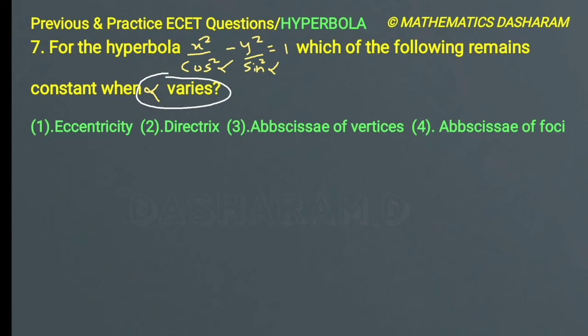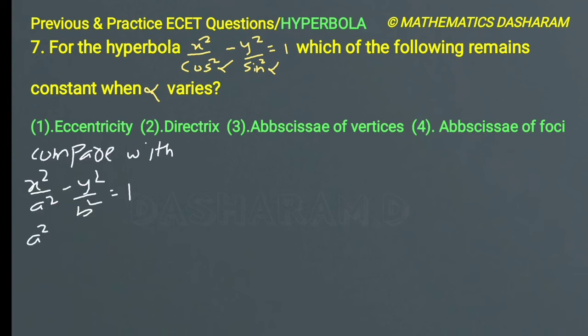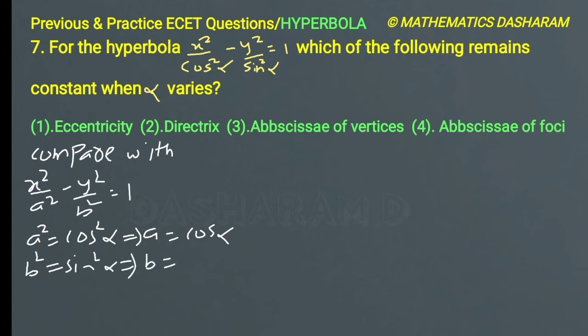What is that? Let's compare with the standard form of a hyperbola. Then a square equals cos square alpha, so a equals cos alpha, b square equals sin square alpha, so b equals sin alpha.